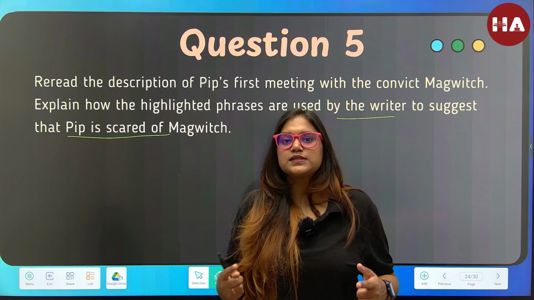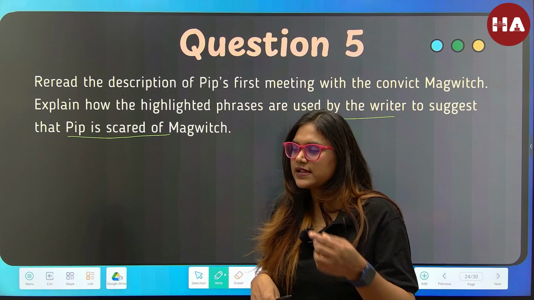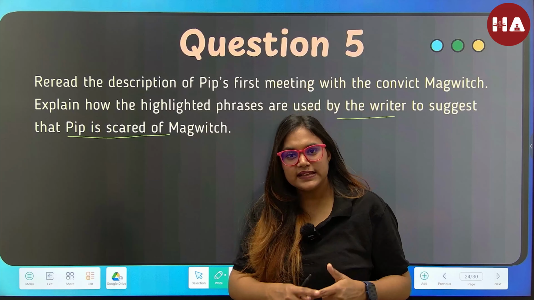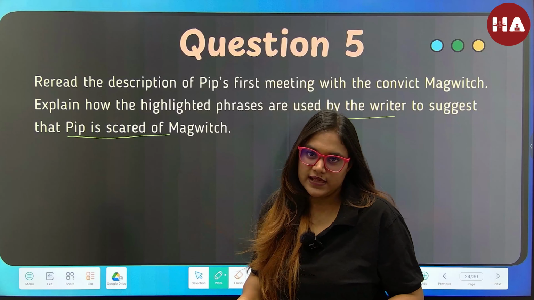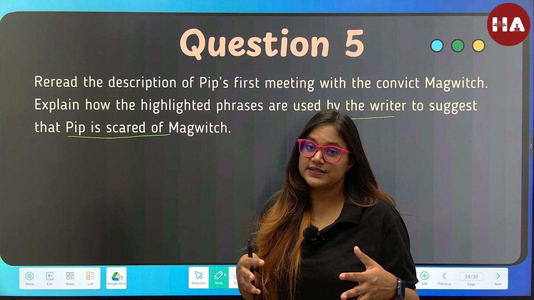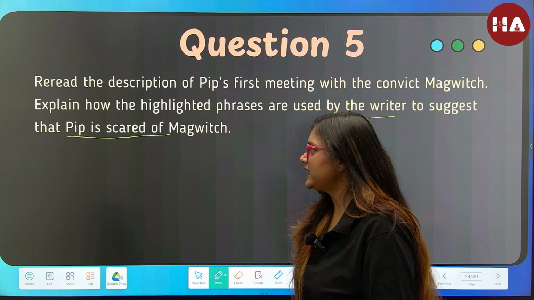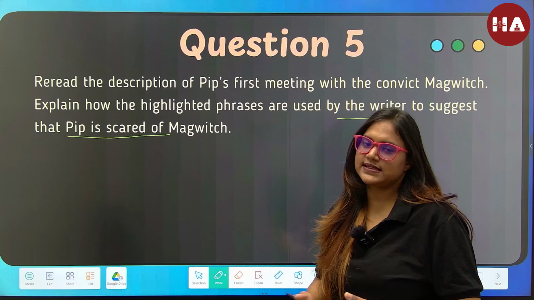So why is Pip scared? You might have this curiosity too. This curiosity leads us as readers into reading that particular novel, and this is what writers use vividly and with versatility. So analyze the phrases, and then let's discuss the same.